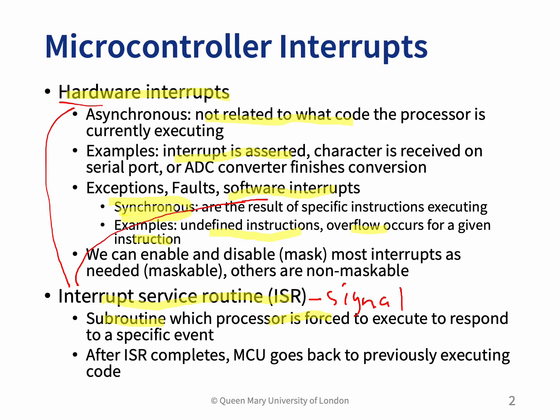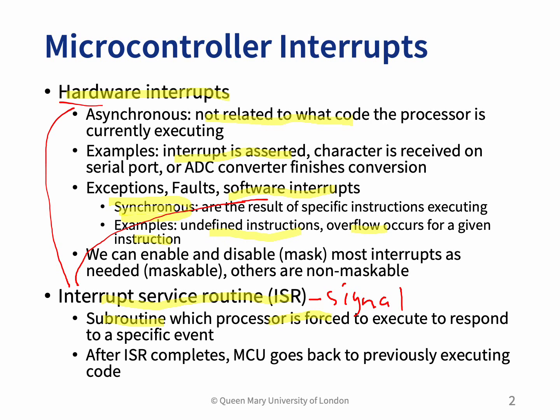So when an interrupt occurs, the controller will complete the execution of the current instruction. Remember, I told you in the last lecture, it's the current instruction rather than the whole program, and it will start the execution of the ISR, or in other words, the interrupt handler. The ISR will inform the processor or controller what to do when the interrupt occurs.